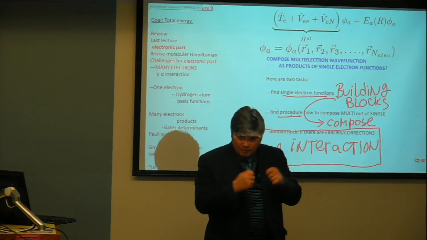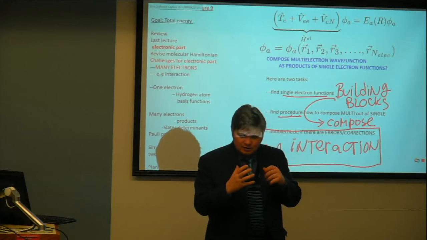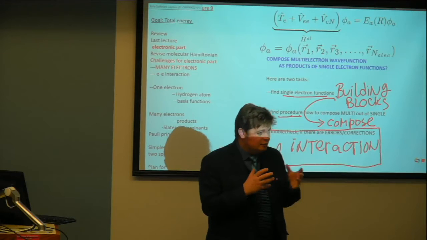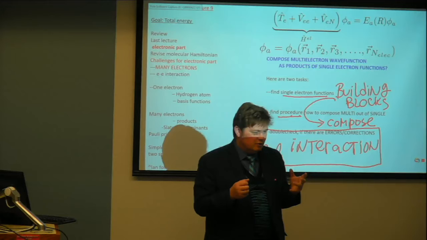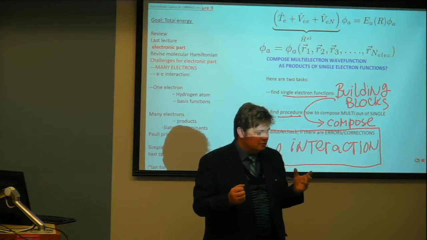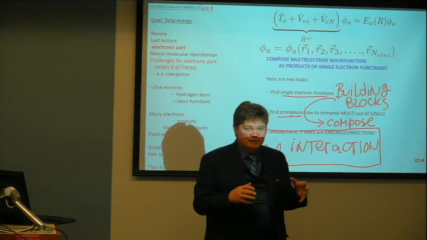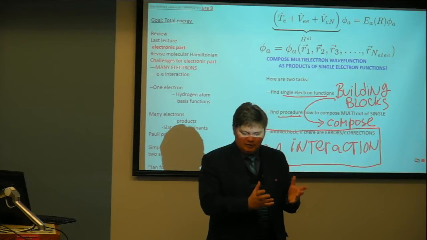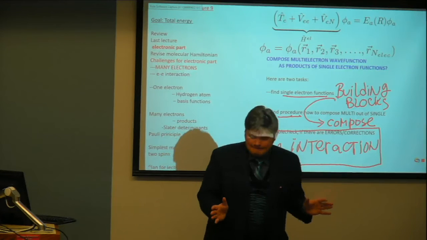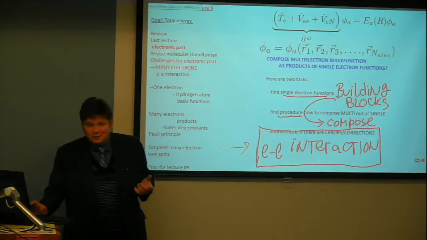Electrons are repelling each other, so the shapes of one electronic function and another are not independent. And this is the major challenge of computational chemistry. If one would design a universe where electrons do not repel each other, this course would not be needed. We would do separation of variables, find solutions as just a product of atomic functions, and that's it. But fortunately or unfortunately, they repel.